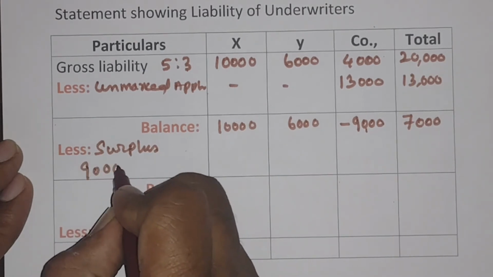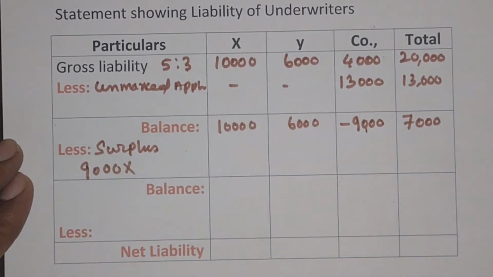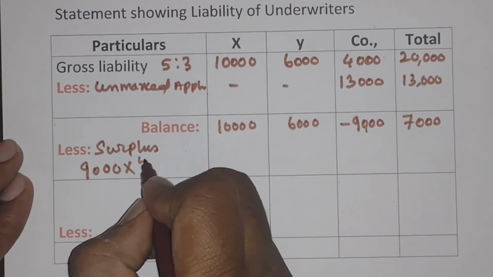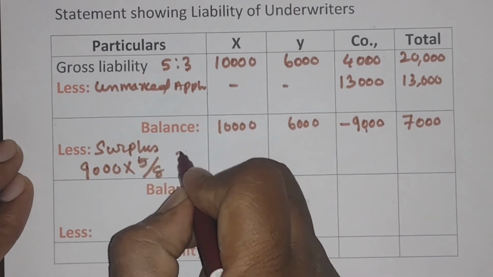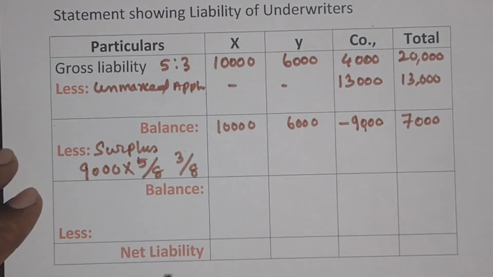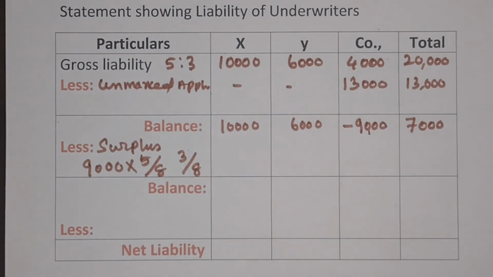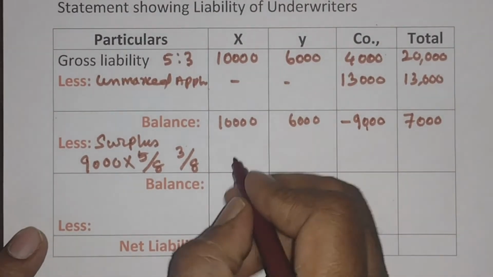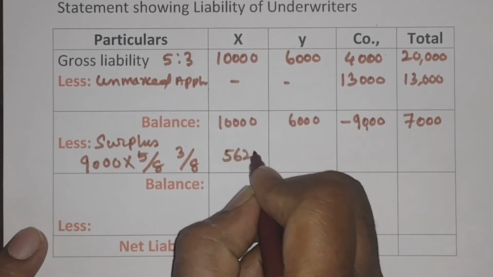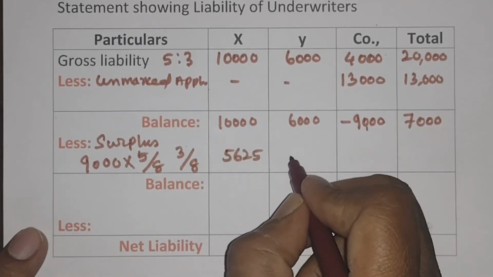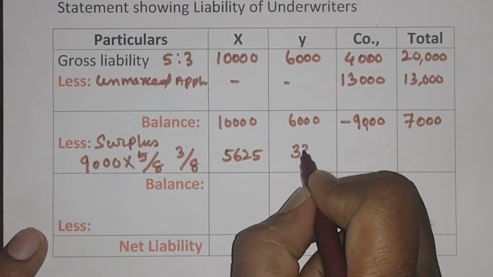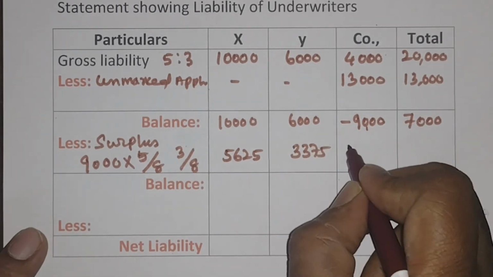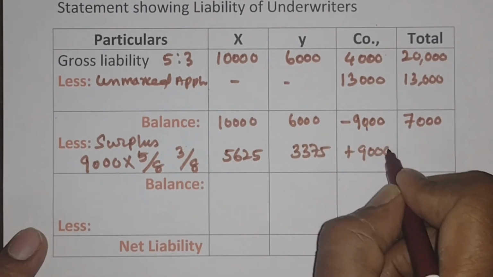9,000 into 5 by 8 and 3 by 8. When we distribute this surplus, 5 by 8 and 3 by 8, we get 5,625 and 3,375, plus 9,000.